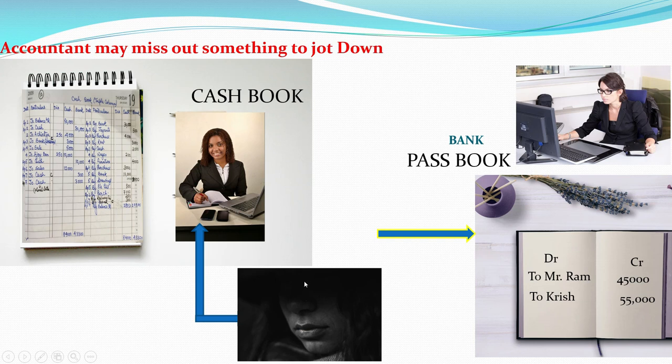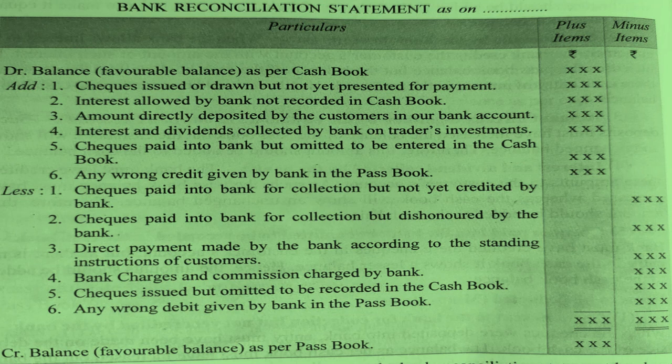When it was issued, it needed to be deducted from cash book too, but by mistake it was omitted to be entered and it was not deducted from the balance of cash. Hence the accountant needs to deduct that value of check issued but omitted to be recorded in cash book.